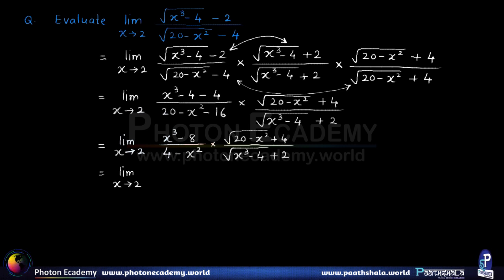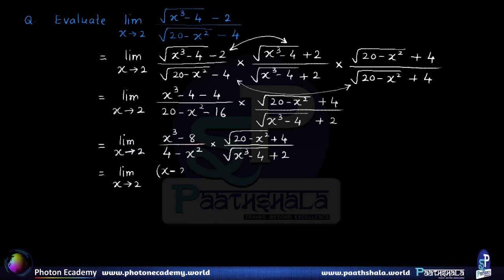Now x cube minus 8 we can factorize as x minus 2 into x square plus 2x plus 4, correct? We know the factorization of a cube minus b cube.